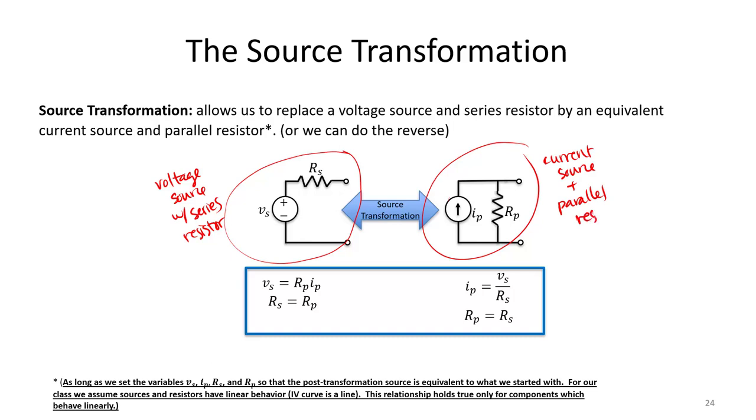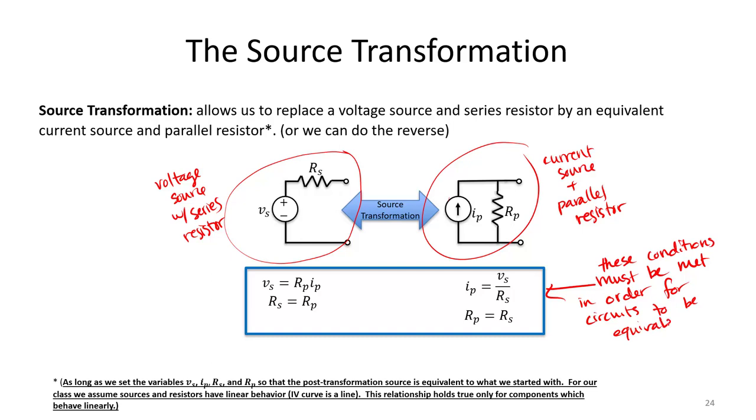But in order to replace them, we need to make sure these conditions are met. So these conditions must be met in order for the circuits to be equivalent. So in order for the IV behavior to be the same.